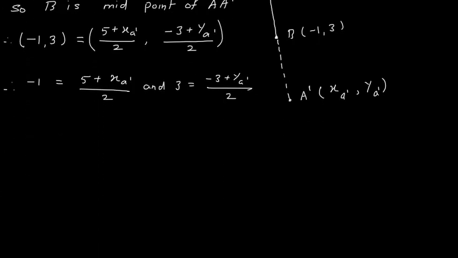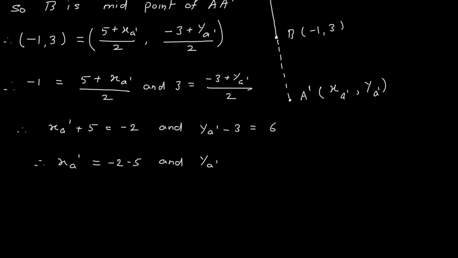So this will give the result as xA dash plus 5 is equal to minus 2 and yA dash minus 3 is equal to 6. So therefore I have xA dash is equal to minus 2 minus 5, and yA dash as 6 plus 3.